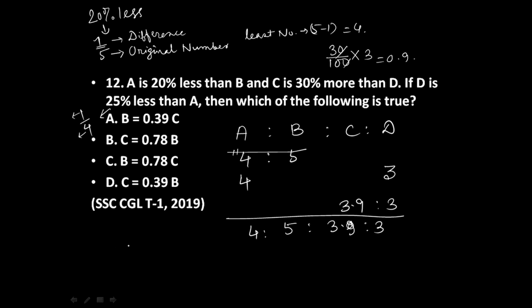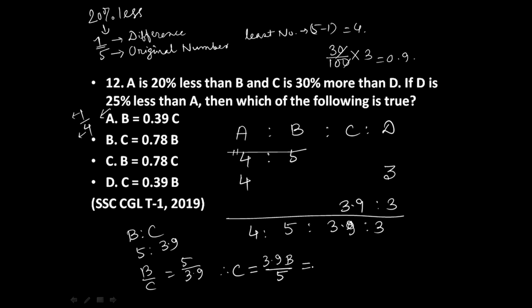How? Look at this. If we form B is to C, it's 5 is to 3.9. Means B by C equals 5 by 3.9. So C will be equal to 3.9 B by 5. So what is it?